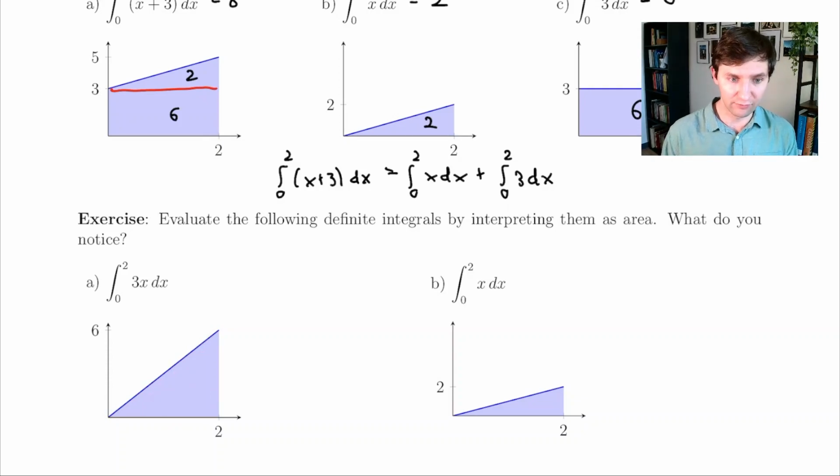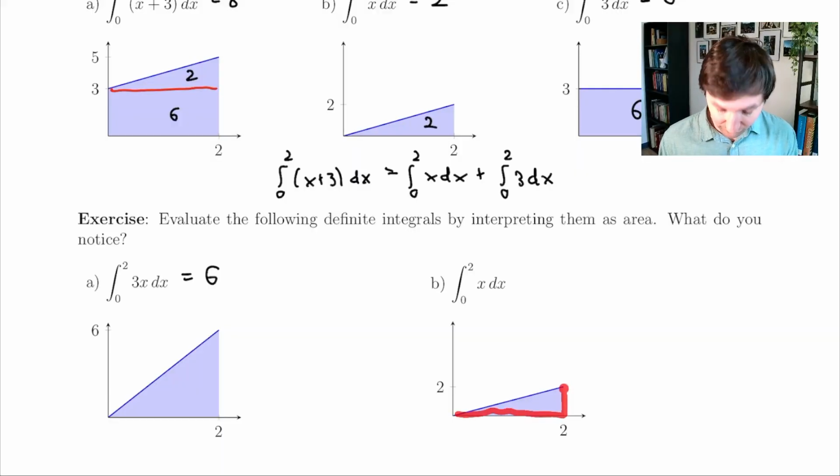The area of this region is 2 times 6 times 1/2, which gives us 6. This definite integral evaluates to 6. The second definite integral evaluates to 2 times 2 times 1/2, which gives us 2. The definite integral of x between x equal to 0 and x equal to 2 is 2.